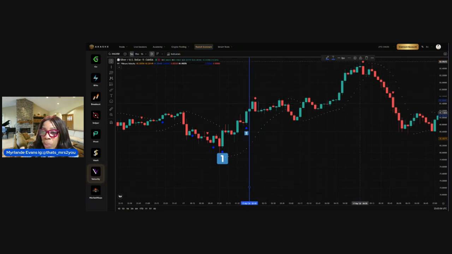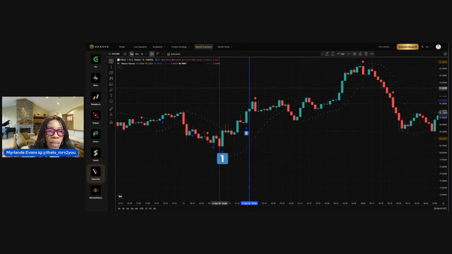And then when we see a different color appear, like right now we're in a potential buy, we would wait until we saw a different color appear. And on the very next candle, if we saw a dot on top, that means the market is going to reverse and start pushing us downward. So that would be where we would exit for our buy on this particular trade for silver.